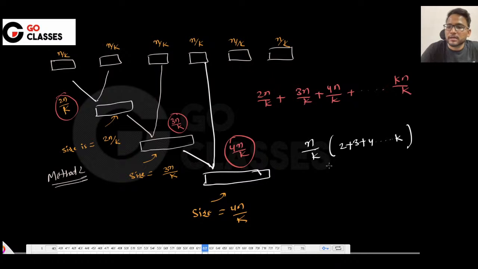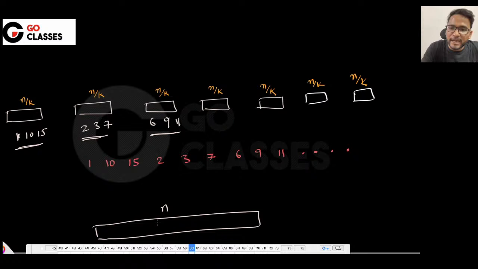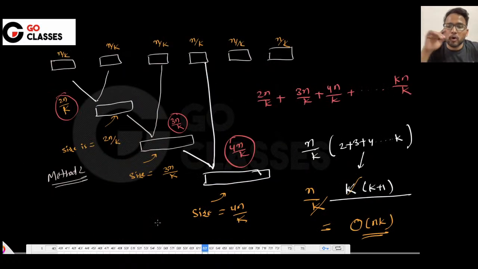If you solve this, it will be k times k plus 1 by 2, or something like this. Plus minus, let's not worry about it. Then this is n/k, so k gets cancelled out. Finally it will be in order of nk. If you do this kind of merging, it is order of nk. Earlier it was n log n, but now I got order of nk.